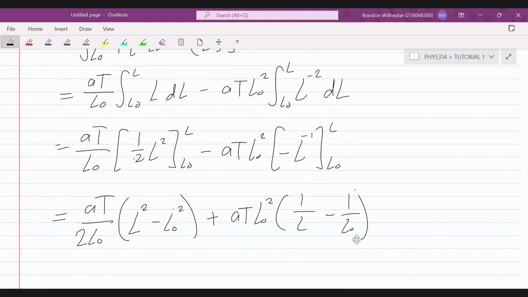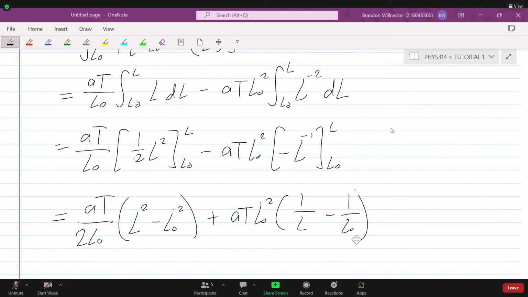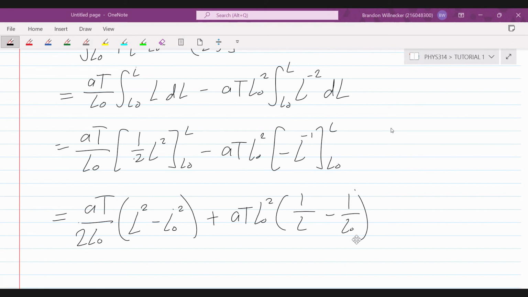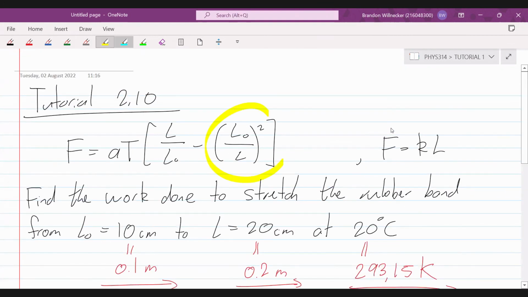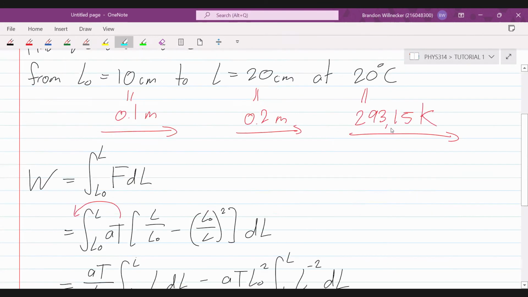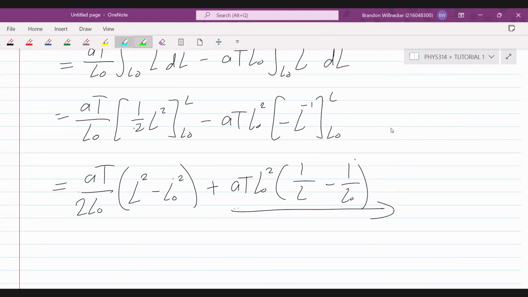Well, the first part is, because remember with Hooke's law, the potential is 1/2 k L squared. We got the 1/2, we got the k L squared. However, there's this extra term, and that's because of this extra term that we're adding to Hooke's law. So it's a bit more complicated than Hooke's law, but we see that this first bit makes sense. We've seen that before. Okay, so that's the work done.